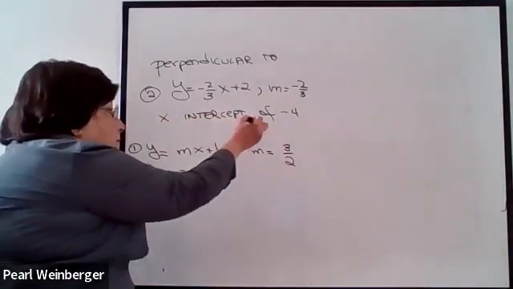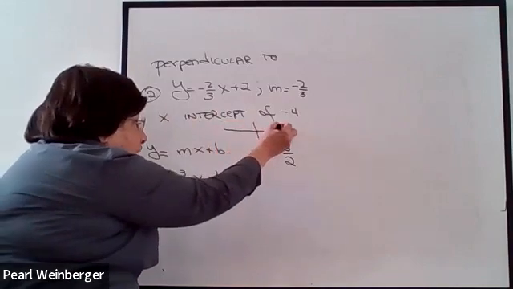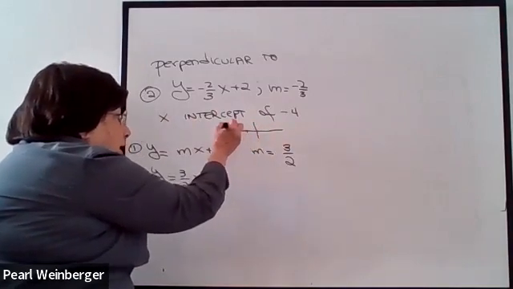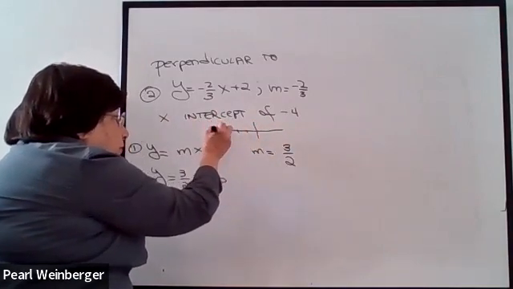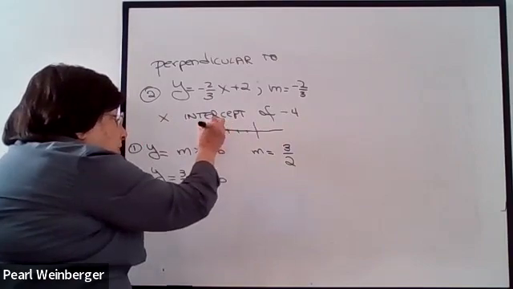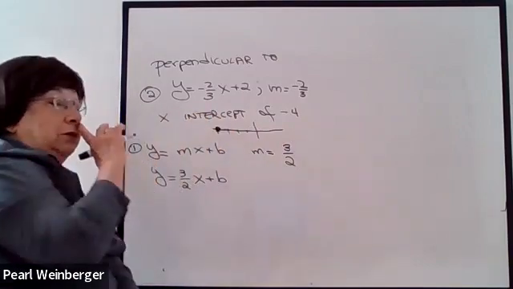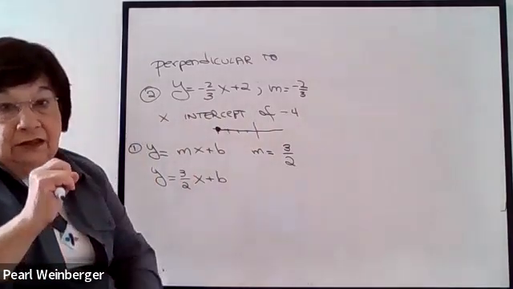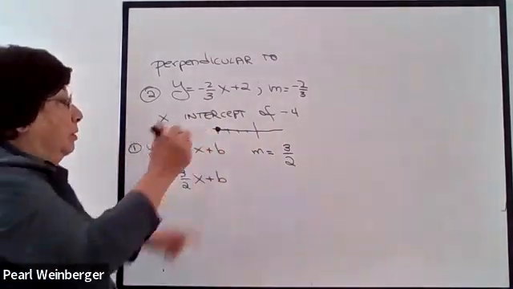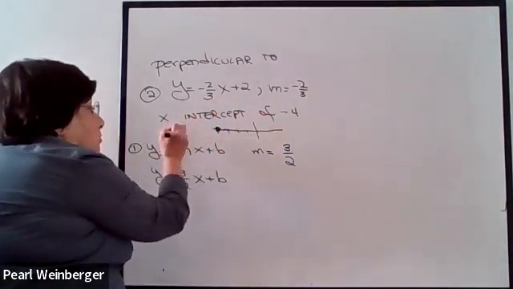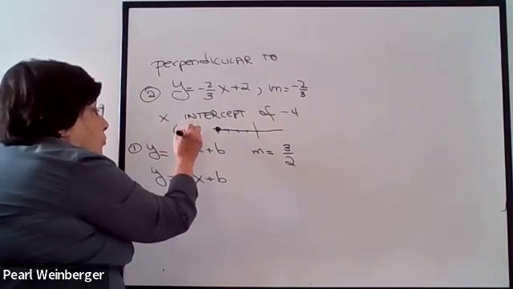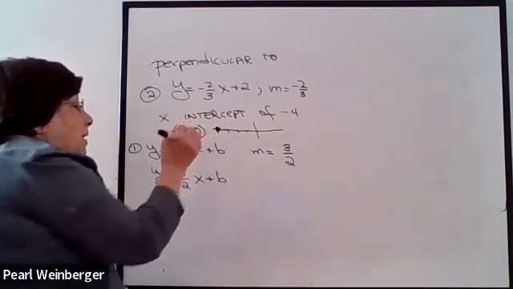Well, if you remember, if we're on a graph, here's where the x-intercept would be of -4. It would be right over here. It would be crossing the x-axis at the -4 point, which means that that's the point -4, 0.